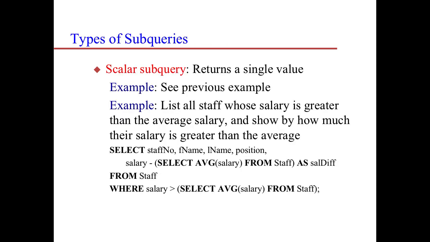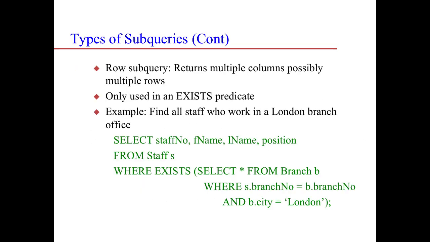So three types. Scalar, we just talked about. Then there is something called a row subquery, and it essentially returns a table, and you use them with the exists predicate. So here, we are trying to find all staff who work in a London branch office.